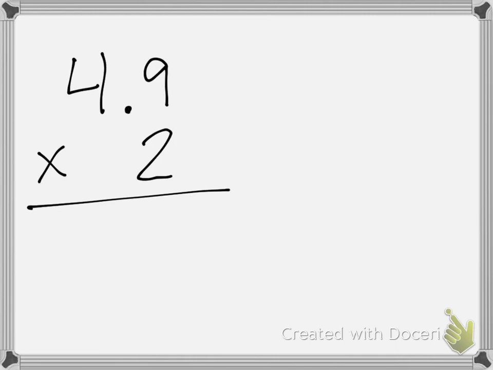We're going to move it over. How many times did I move that decimal over? Once. So I moved it over once. Now, we're going to ignore that decimal.